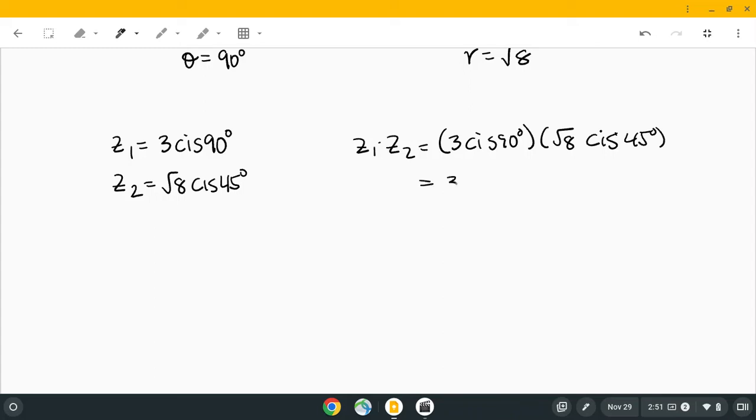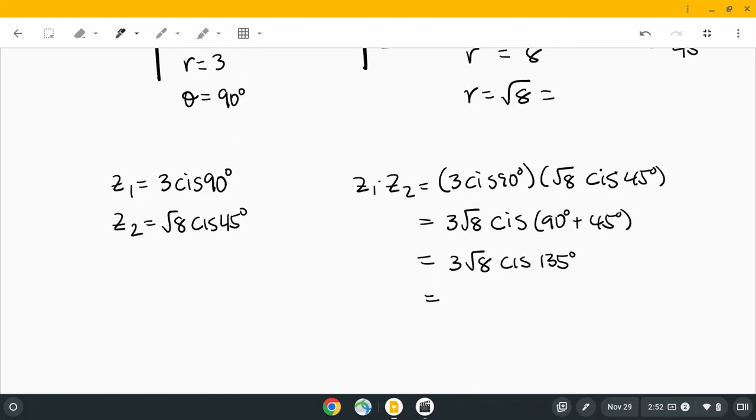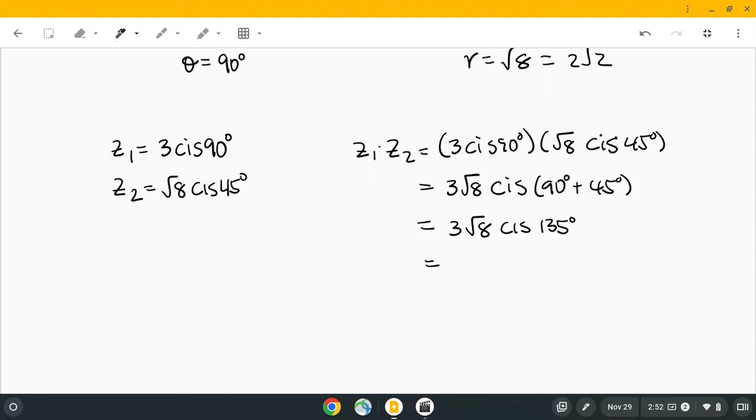And so we do 3 times square root 8 cis 90 plus 45. And that gives us 3 square root 8 cis 135. Okay, all right, I'll go ahead and simplify the square root 8. Square root 8 is 2 square root 2. So then 2 times 3 is 6 square root 2 cis 135.